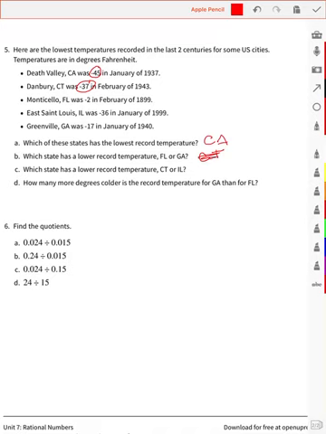I'm sorry. So let's try that again. Which state has a lower record temperature than Florida or Georgia?